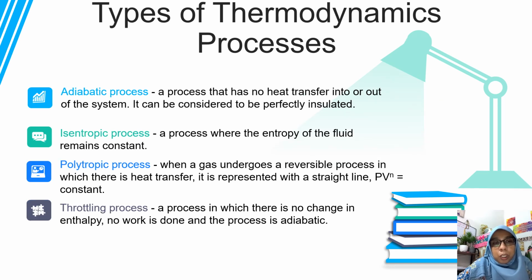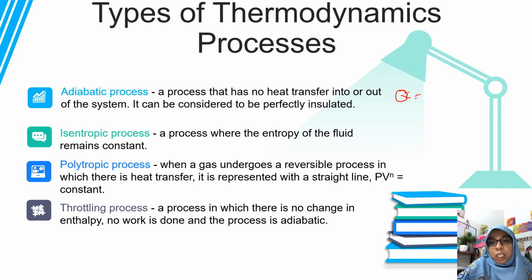So adiabatic process. So adiabatic process is a process that has no heat transfer into or out of the system. Okay, so it can be considered to be perfectly insulated. So kadang-kadang kalau dia tak cakap insulated, dia akan cakap dia adalah adiabatic process. Bila dia cakap adiabatic process, you must remember there is no heat transfer.